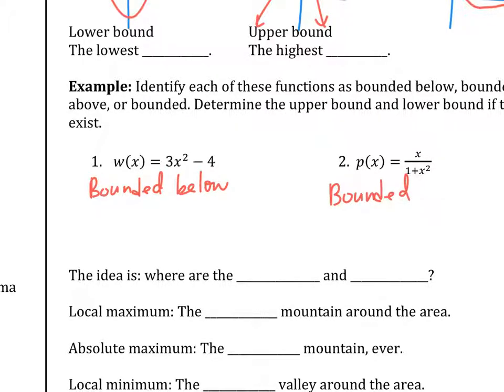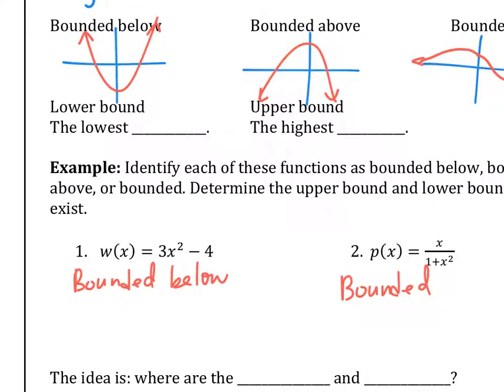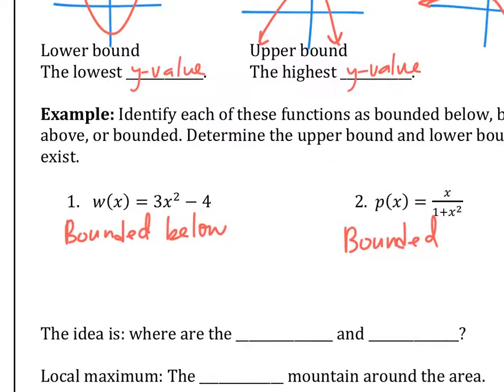Now, before you erase those equations, we need to talk about lower bound and higher bound. Lower bound means the lowest y value. And upper bound means the highest y value. So if it's bounded below, what value is it bound to? For example, number 1, it's bounded below. So then we have a lower bound.